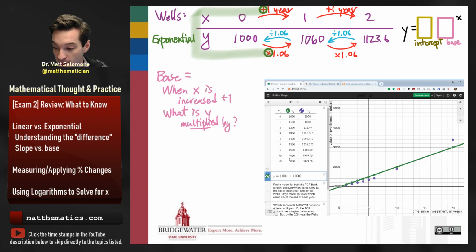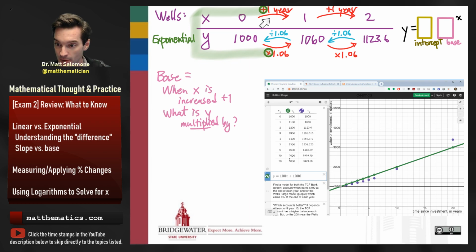So we know that in an exponential relationship, addition in the x quantity is intertwined with multiplication in the y quantity. And so the base of an exponential expression answers the question, when x has 1 added to it, what is y getting multiplied by at the end of each one of these years in this example?